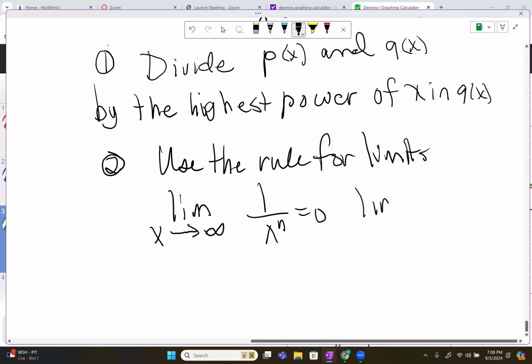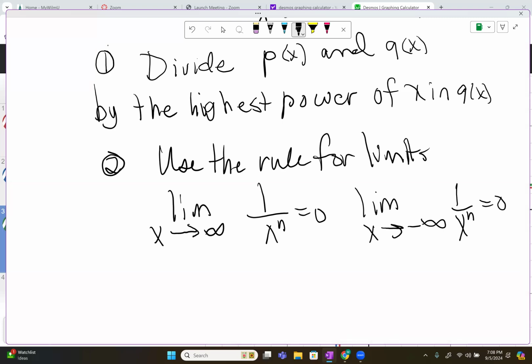And the limit as x approaches negative infinity of 1 over x to the nth is also equal to 0. All right. So that's that. These should be fairly easy to do, I think.